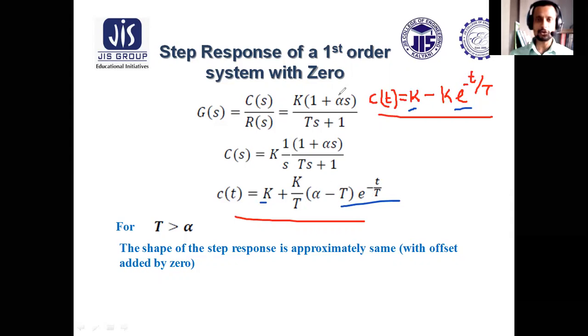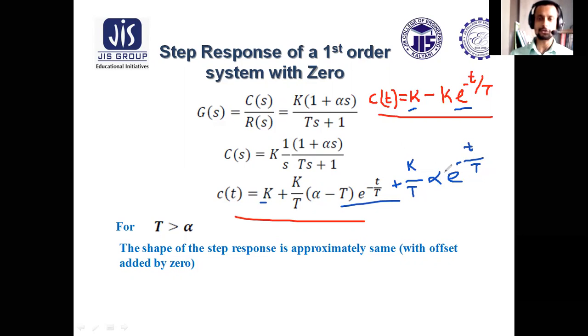But due to the presence of this alpha in the numerator part, or 0 part, this additional part is being introduced. So a new term we are getting due to the presence of alpha is this. This is the new term introduced at the output due to introduction of the 0 term.